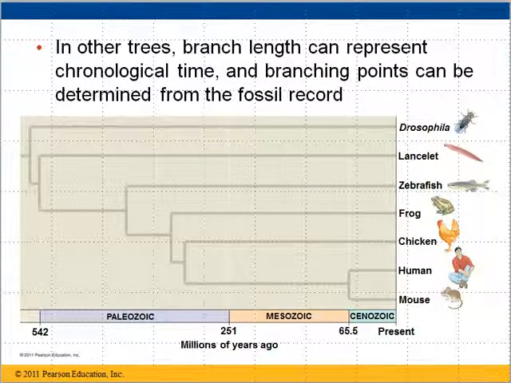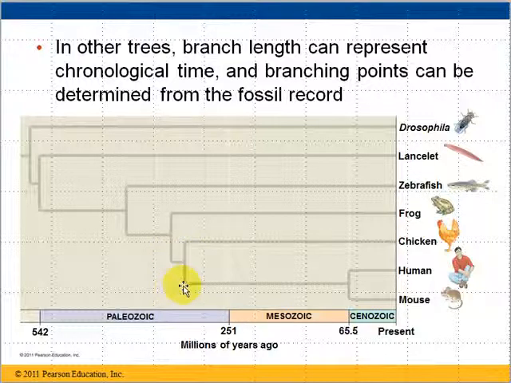In this example, we are tying an actual time frame to the phylogenetic tree. So at this point, the branch can represent chronological time, and the branching points can be determined from the fossil record. So we can actually look back if we add this time frame along the bottom, and we would say the point at which the lineage that went from the common ancestor to the chicken that also led to the mammals, the human and the mouse, was sometime in the Paleozoic, X many millions of years ago.